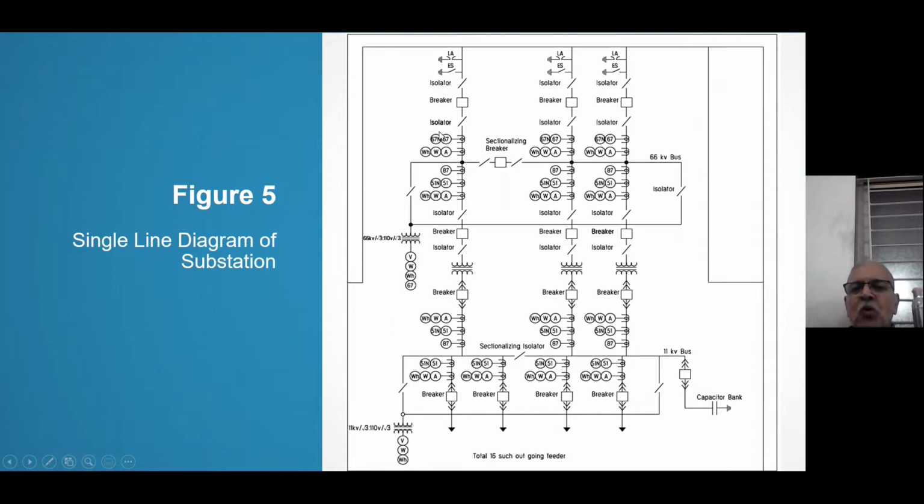One CT core is feeding the meters. I have shown ammeter, wattmeter and whatever meter, and another CT is feeding 67, that is the directional relay. Here for incomers I will need a directional overcurrent relay. And I have got 67N, that is the directional earth fault relay.